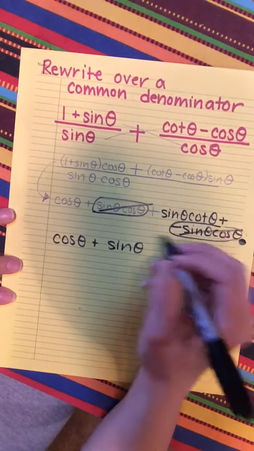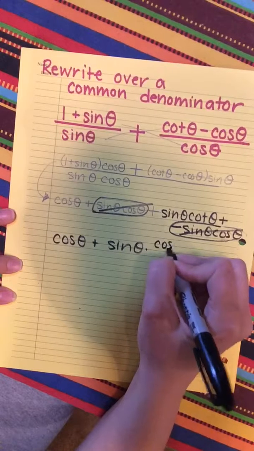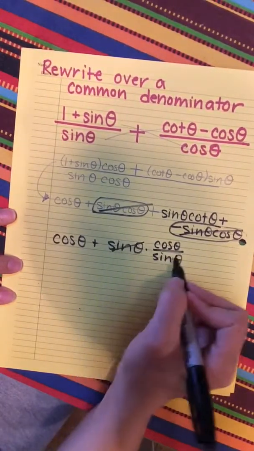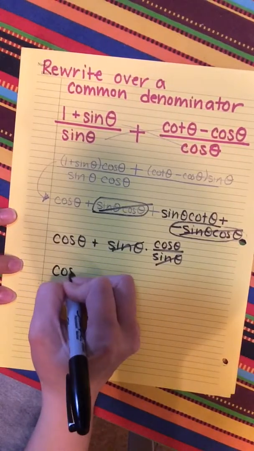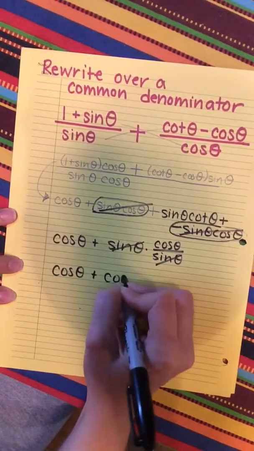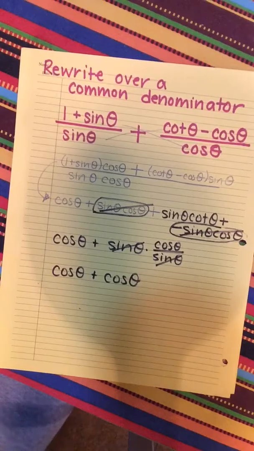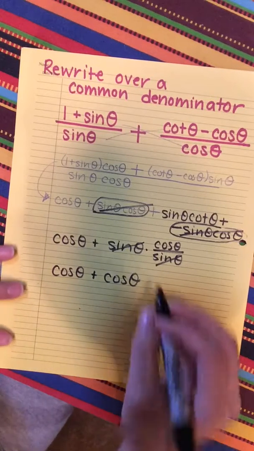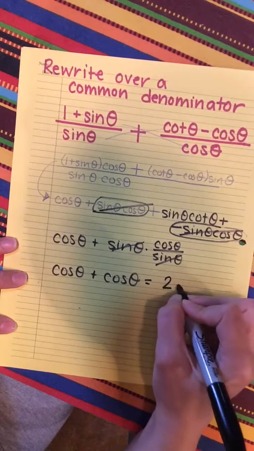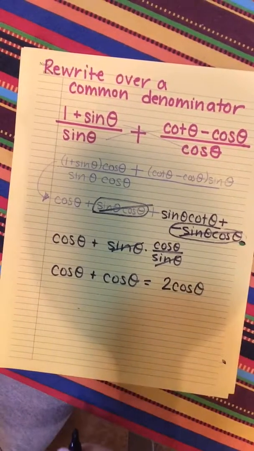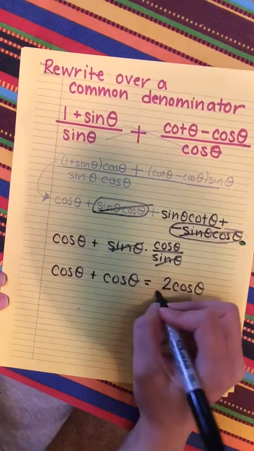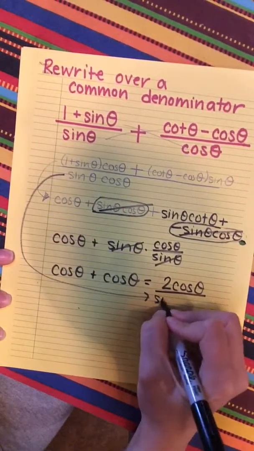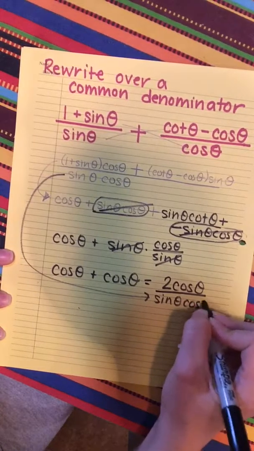Now, instead of cotangent of theta, I'm going to write that as cosine over sine, which is nice to do because now the sines cancel out, and we have cosine of theta plus cosine of theta. And anytime you're adding things together, 1 cosine of theta plus 1 cosine of theta gives you 2 cosine of theta. So that's our numerator. Our denominator is still sine of theta, cosine of theta.